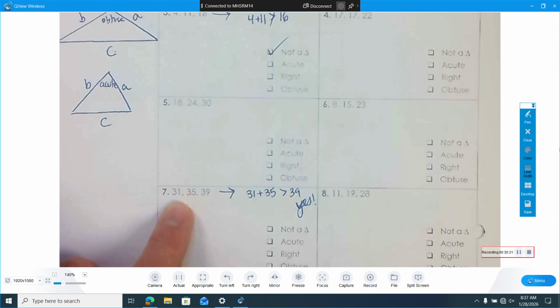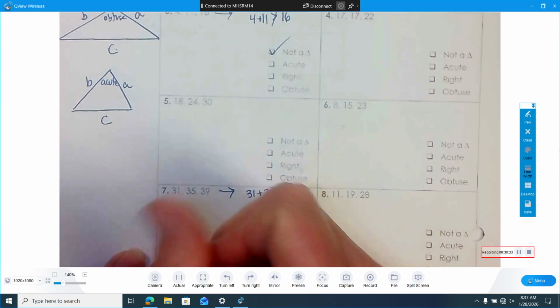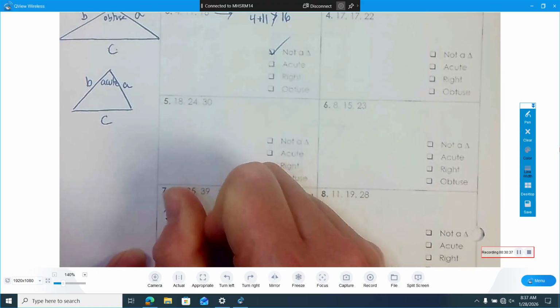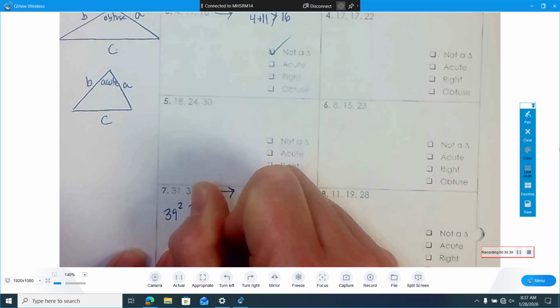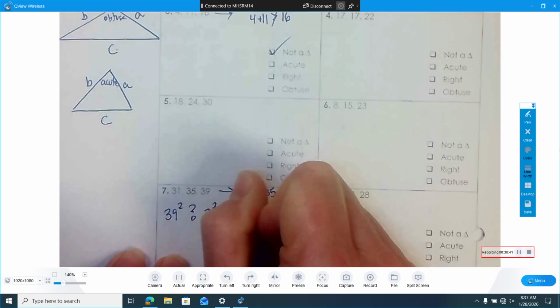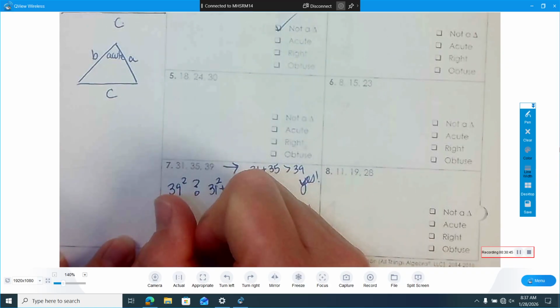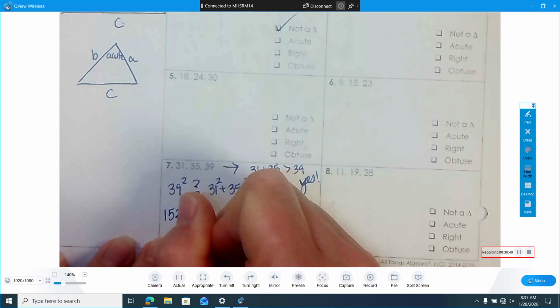Then I want to compare the squares of my sides. So 39 squared, how does it compare to 31 squared plus 35 squared? What's 39 squared? 1,521.